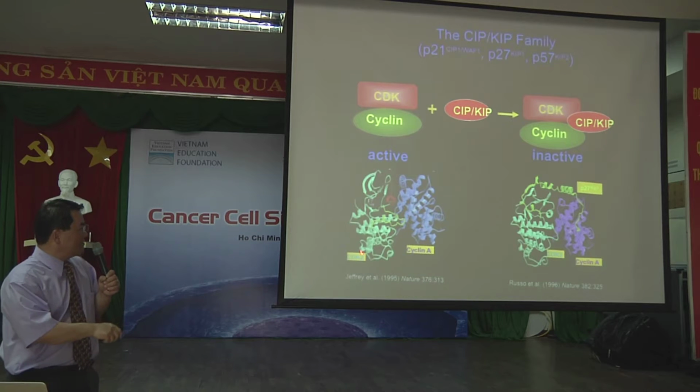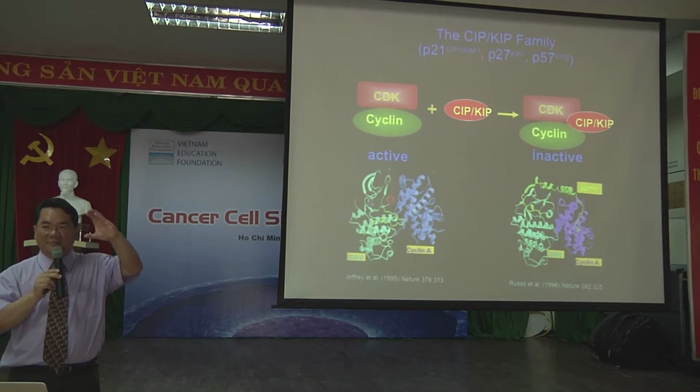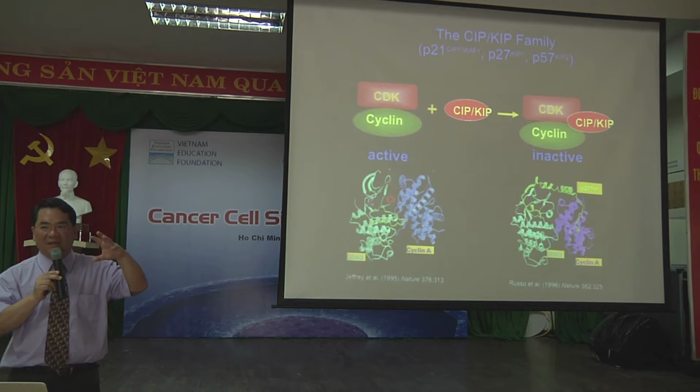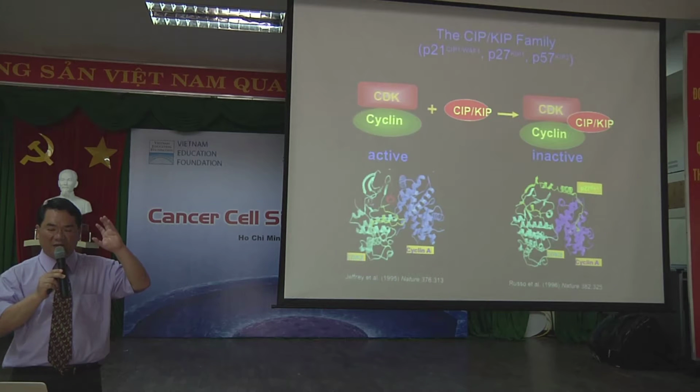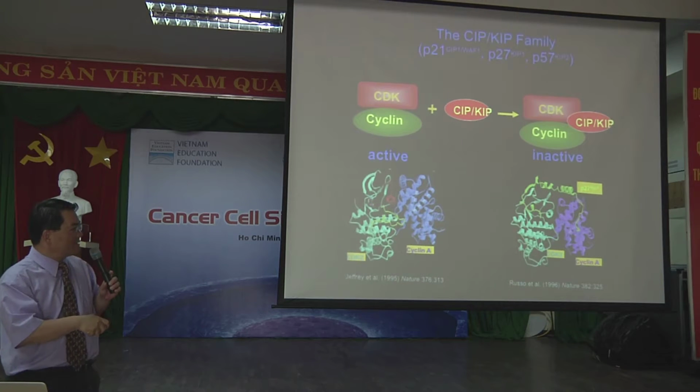For example, look here, this is the ATP binding region. They have this pocket for the substrate to enter the CDK, and the CDK will have the capability to catalyze, to phosphorylate the substrate. So they have this substrate entry site here.